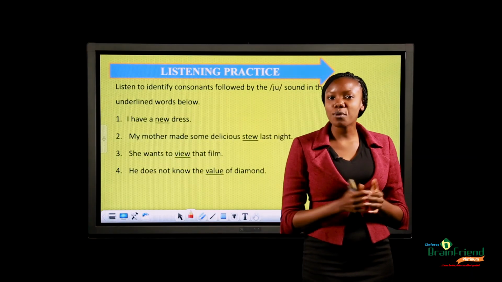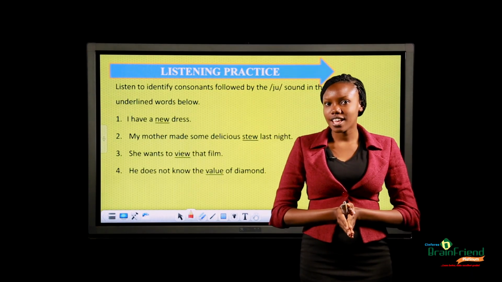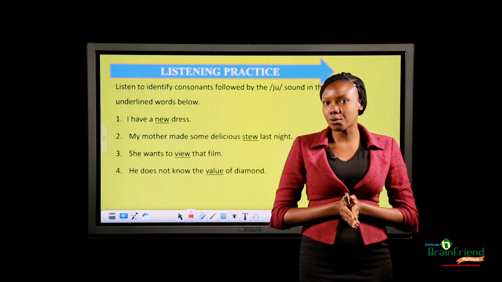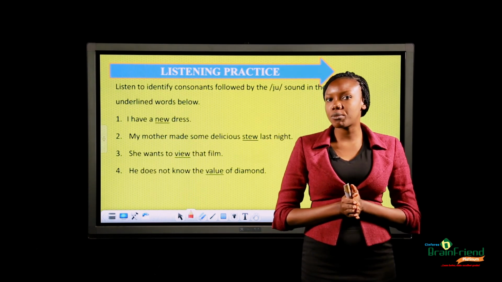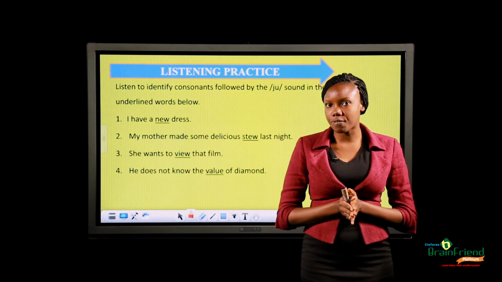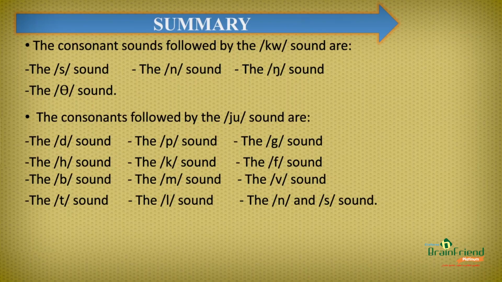So with these, we have come to the end of today's class. I'm sure you enjoyed the teaching so far. Let's take a quick summary of all we've learned so far. We've learnt that the consonant sounds followed by the kw sounds are the s, n, ng, and t sounds.